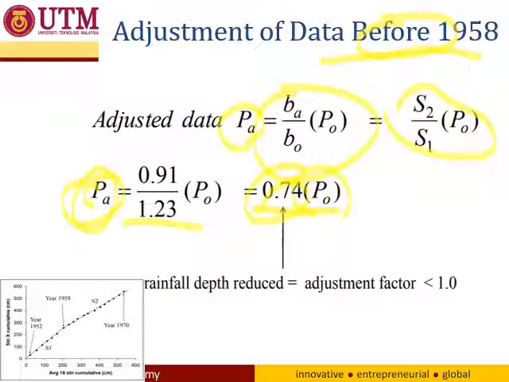Is it before the break or after the break? What I mean by the break is 1958. 1958 is the break, because something has changed. The rain gauge was moved or the rain gauge had errors. So we want to adjust the data, and we can adjust it before 1958 or after 1958.